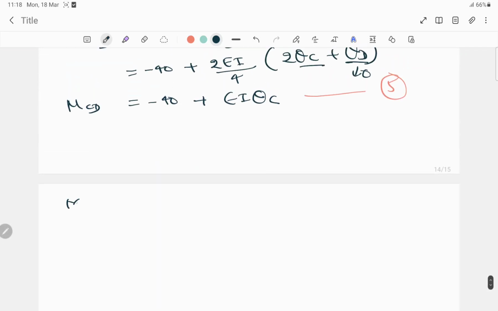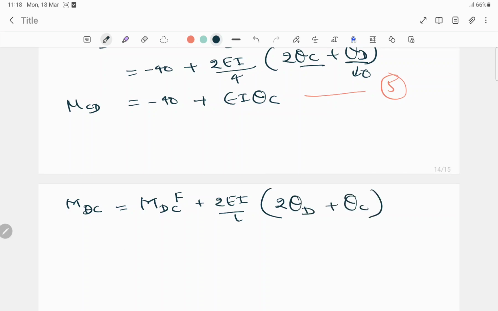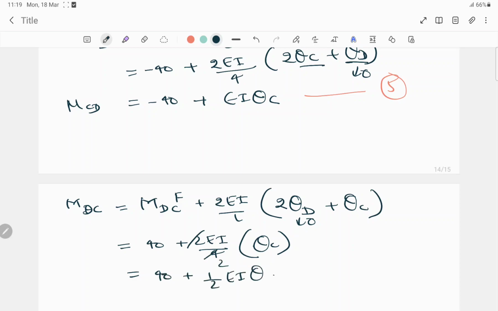Now we'll solve for M_DC, which is equal to the fixed moment M_DC plus 2EI by L into 2 theta D plus theta C. Here the fixed moment DC was 40, plus 2EI by 4, and theta D will be 0, so we have theta C. So it is 40 plus half of EI theta C. Let it be equation number 6, M_DC.